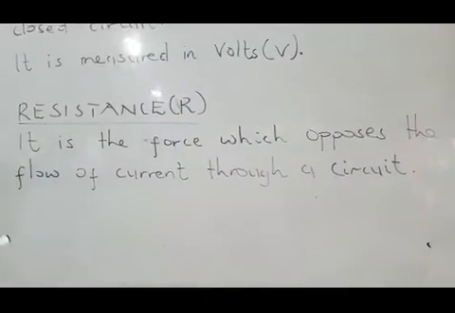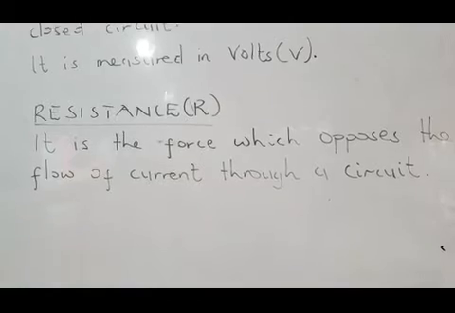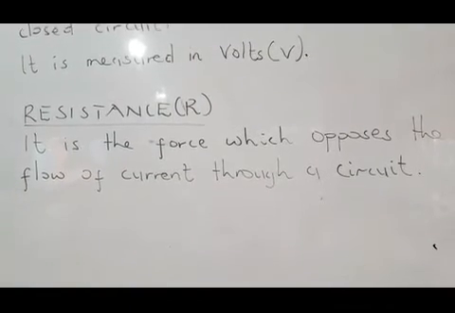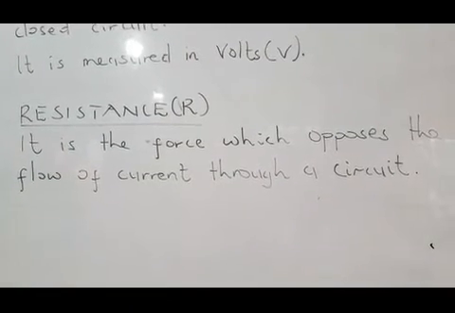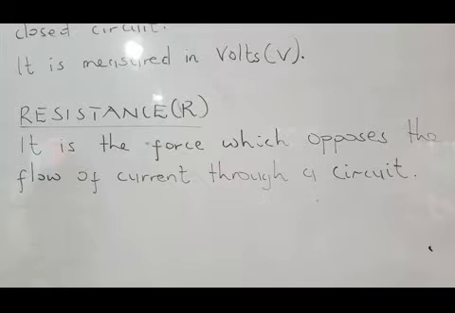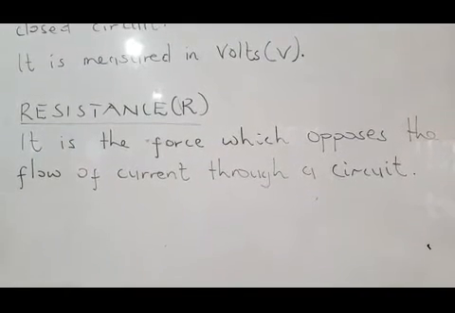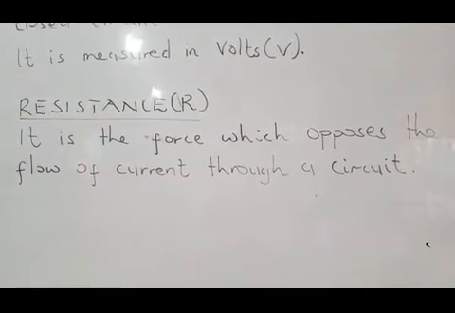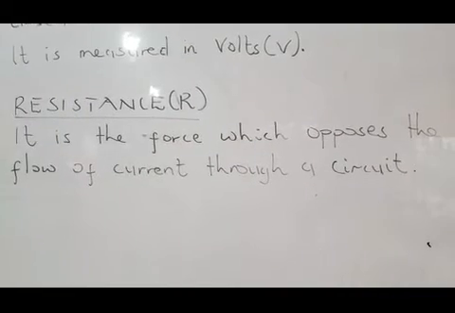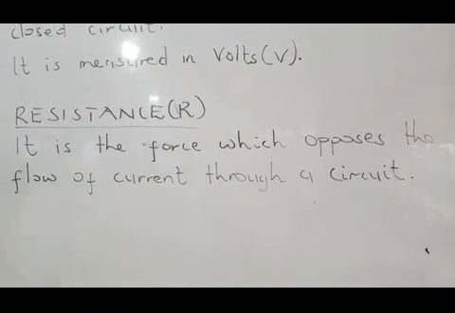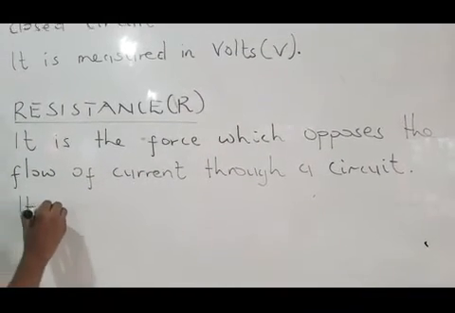So the force which opposes the flow of current through a circuit is what we refer to as resistance. Or in other words, you can say that it is the opposition to the flow of current in a circuit. The unit of resistance is ohms. So it is measured in ohms.